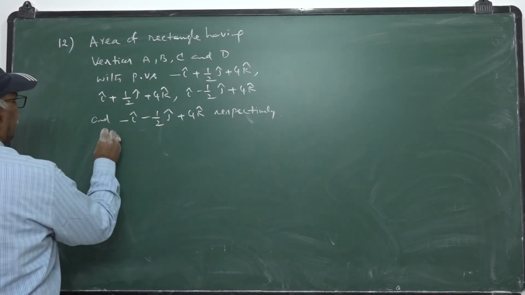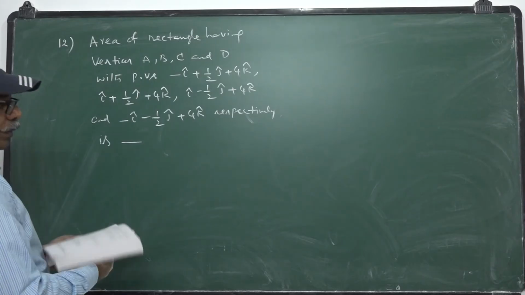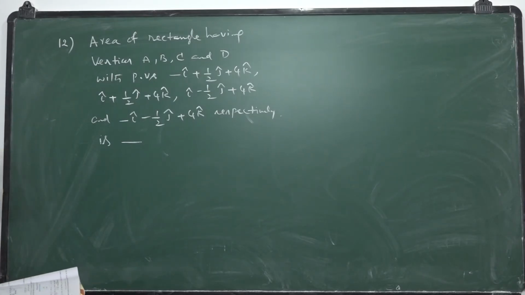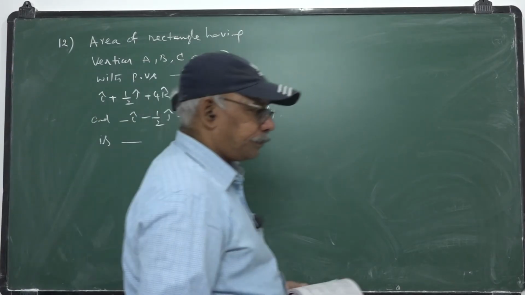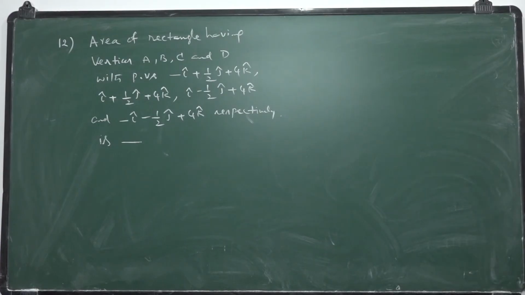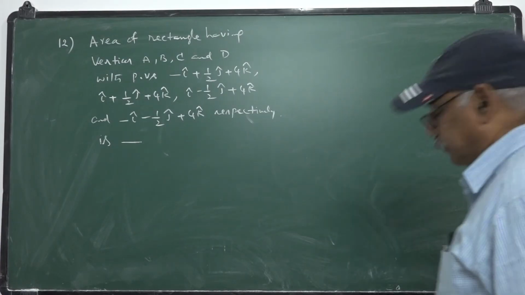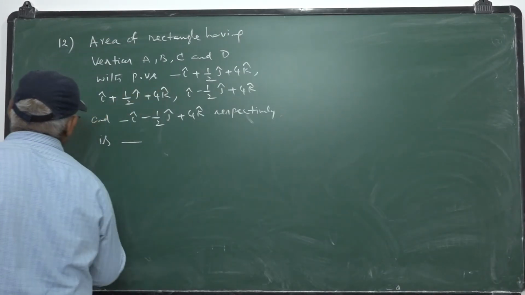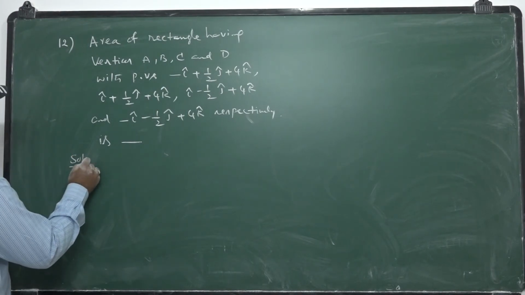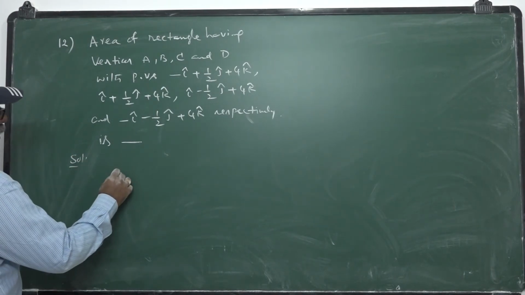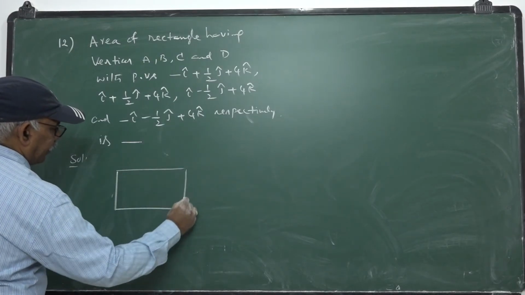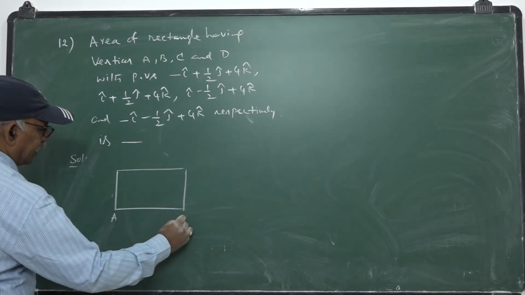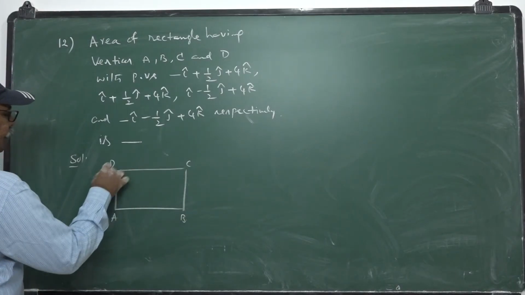What is the area of the rectangle having vertices A, B, C, D whose position vectors are given? The position vectors of the vertices are given here. Based on the position vectors of the vertices of the rectangle, you have to find the area.